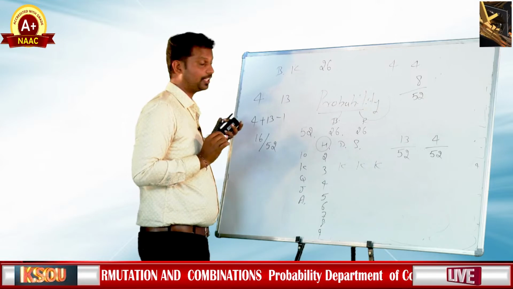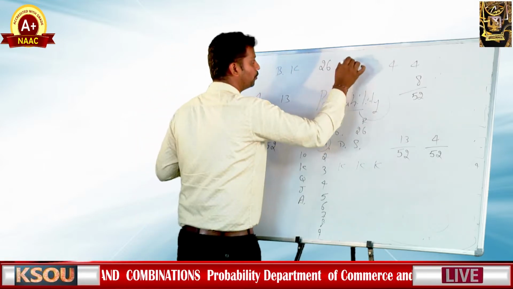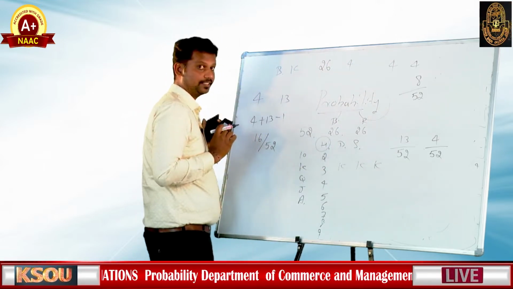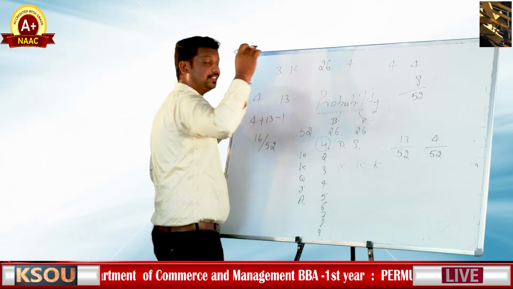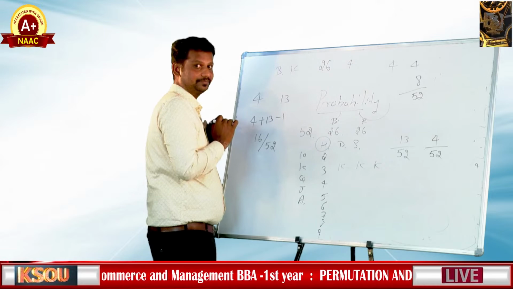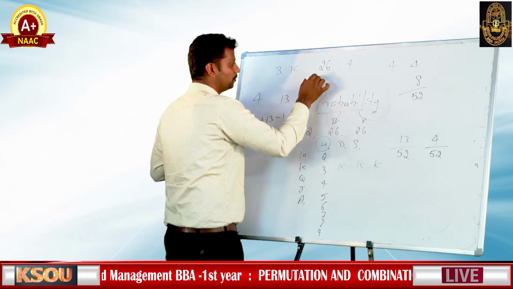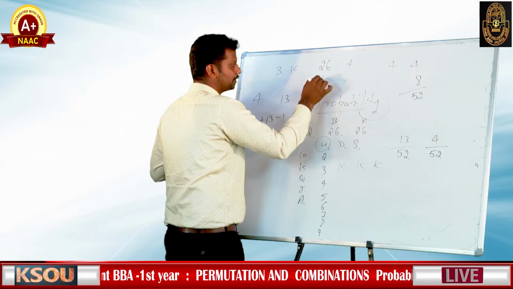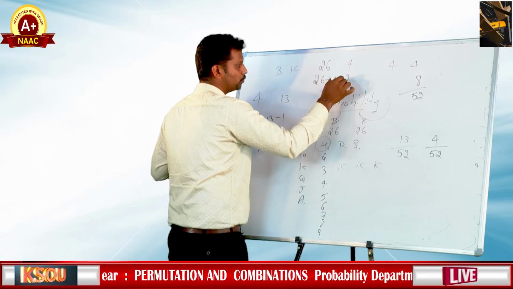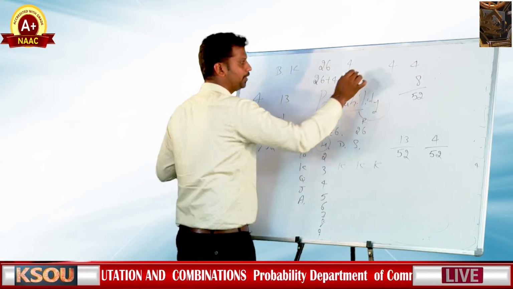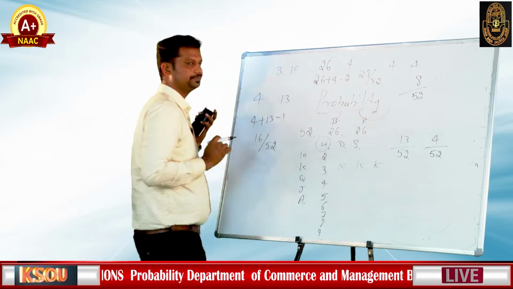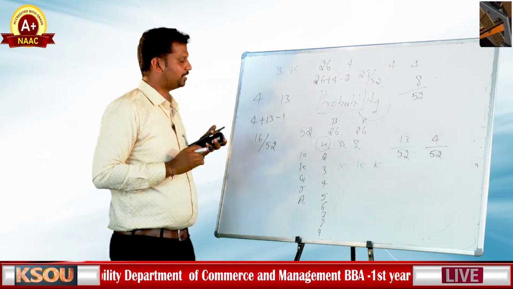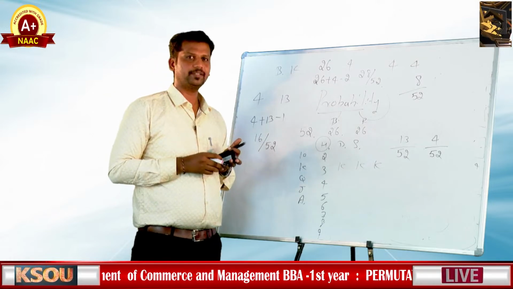The king is 4 cards. Out of those, 2 cards are also red. So now 26 plus 4 minus 2. It will be 28 divided by 52. So these types of questions are expected in your examination.